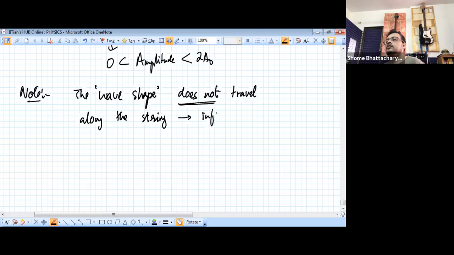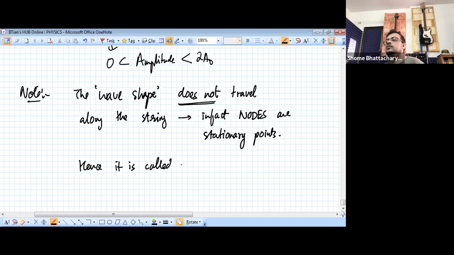In fact, the nodes are stationary points. Hence, it is called a stationary wave.